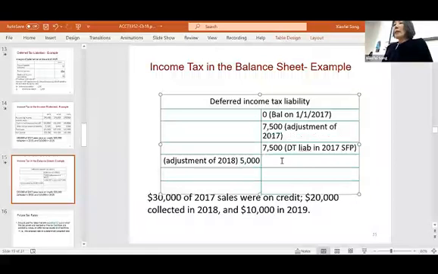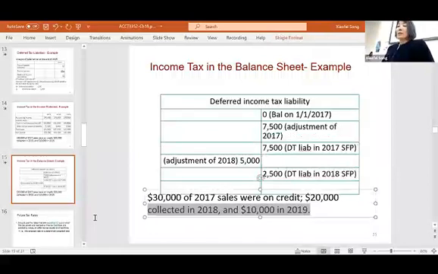Okay, so with that adjustment, the balance will become 2,500. And so this is the deferred tax liability in 2018's financial statement, statement of financial position, or the balance sheet, the same thing.